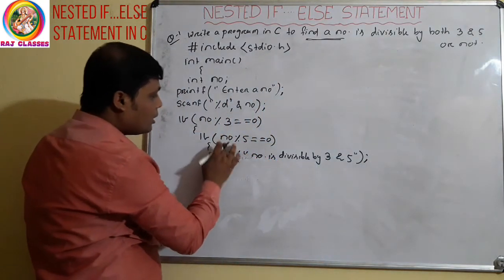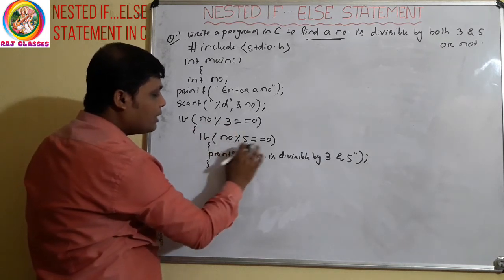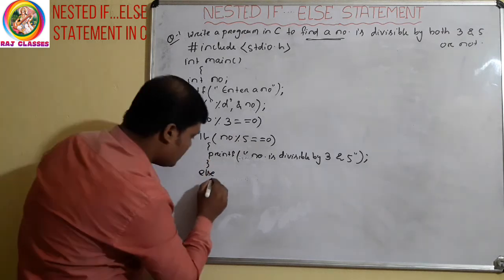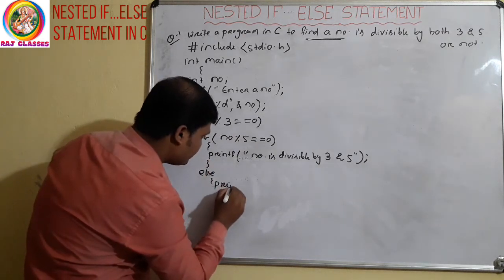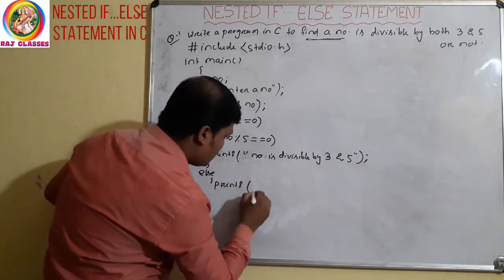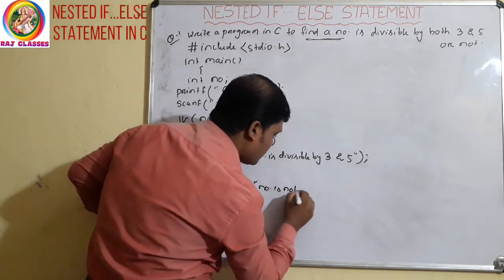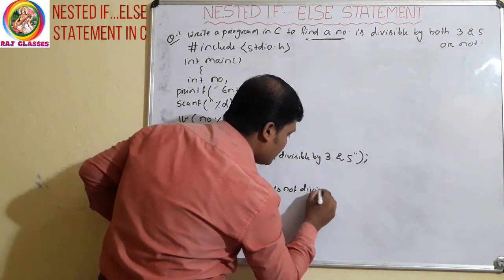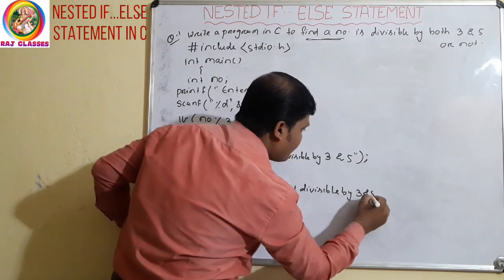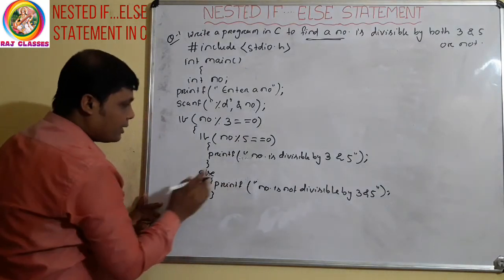Then if the number is divisible by 3 but not divisible by 5, then what will happen? It goes to the else part. It will printf "Number is not divisible by 3 and 5". Then this is the else part.